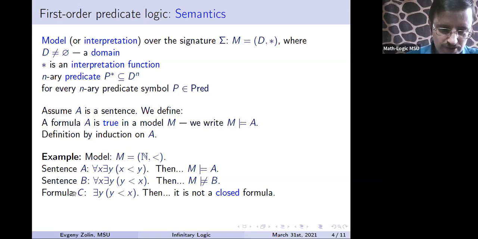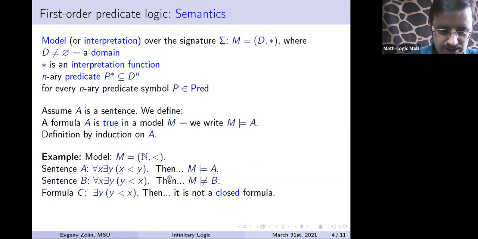In this model, this formula C is not true for 0. So we write M doesn't model C of 0 in square brackets, because 0 is the smallest element, it doesn't have a smaller. So in order to say, is this formula true or not, we need some additional information, an assignment to every free variable, some element of our domain.